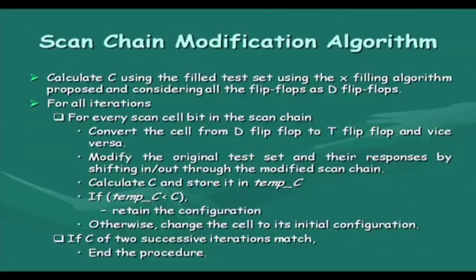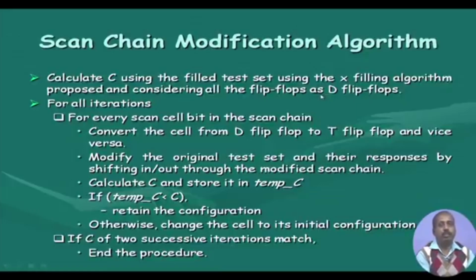How can we select some of the flip flops to be converted from D to T so that we can get temperature improvement? First, we calculate the criticality of the blocks, the maximum criticality C, using the filled test set from the don't care filling algorithm proposed here, the flip select algorithm, and assuming that all flip flops are D type flip flops.